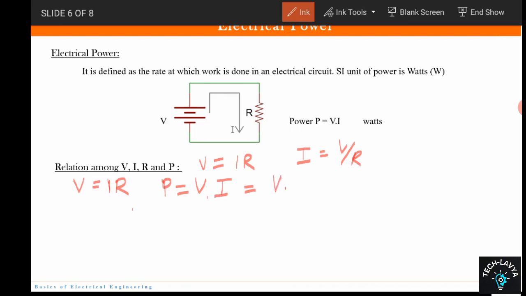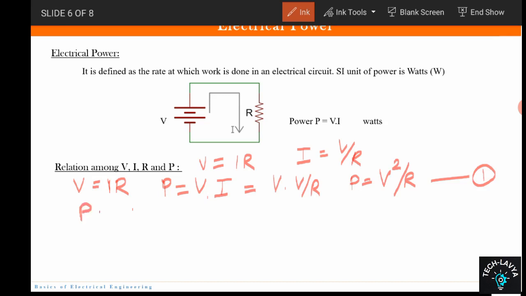V into what is I? V upon R. So in this way, I get P is equal to V square upon R. So this is the first relation.